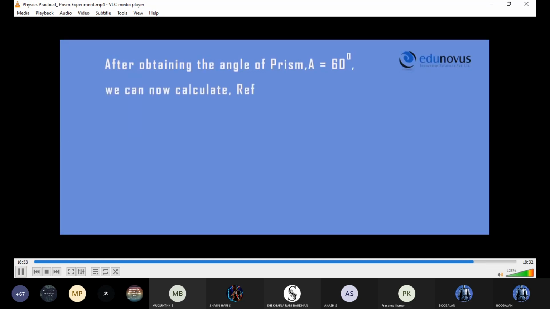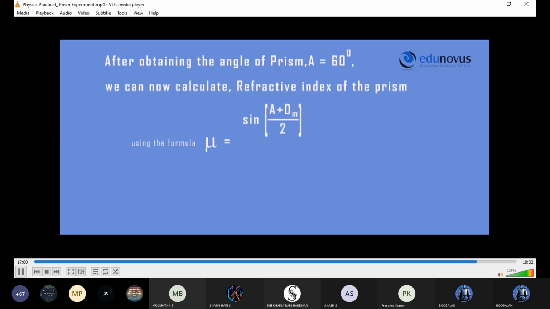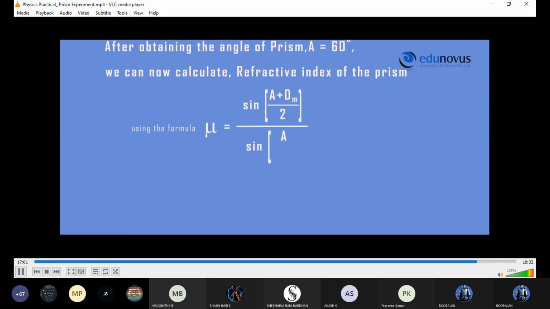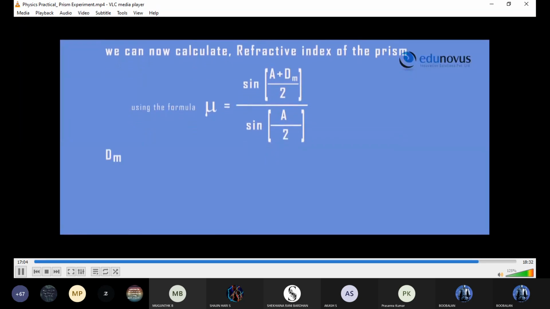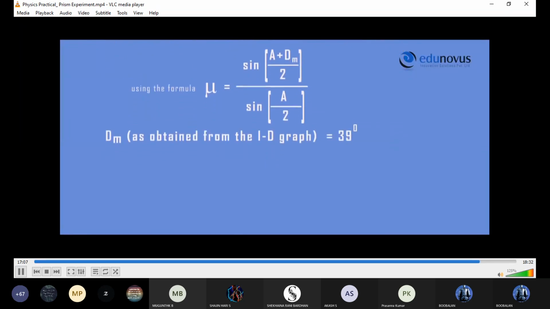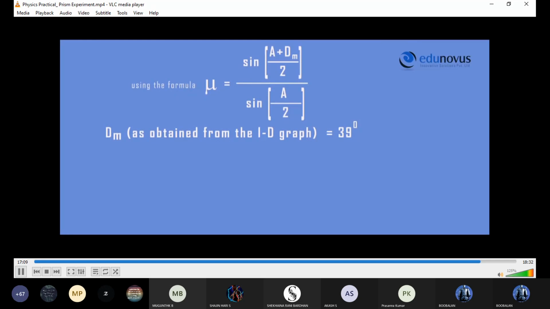We can now calculate the refractive index of the prism using the formula mu is equal to sine of (A plus dm) by 2 divided by sine of A by 2. dm can be obtained from the i-d graph, which is 39 degrees.